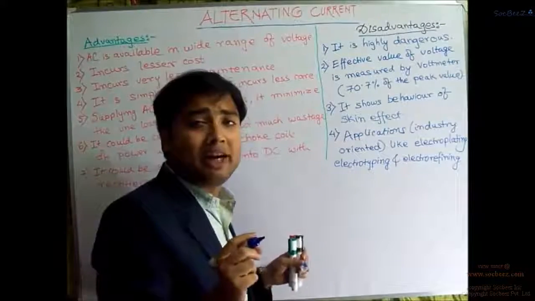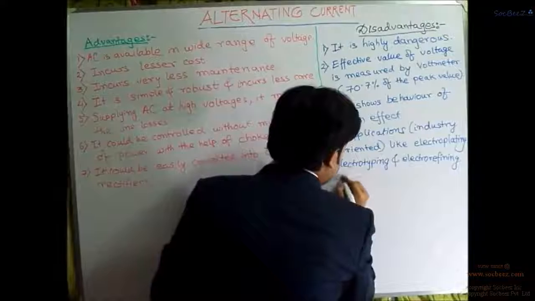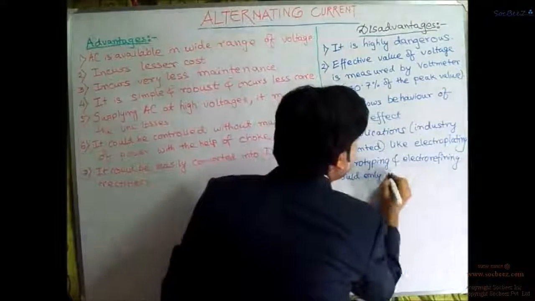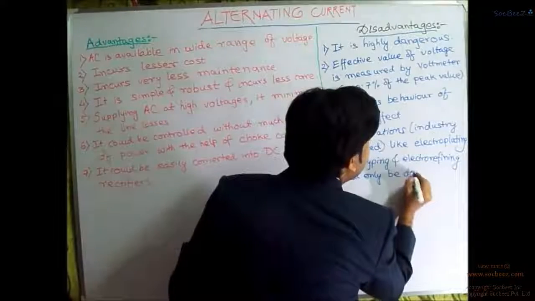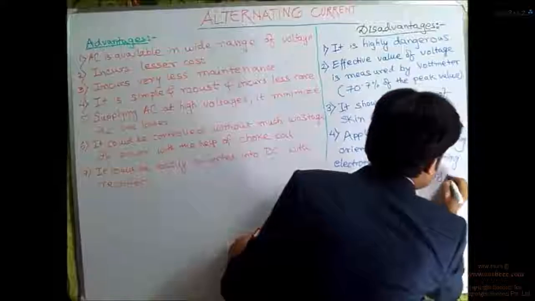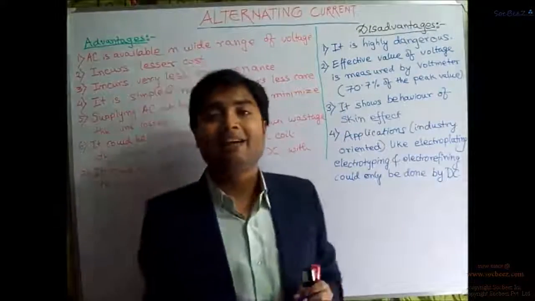They could not be done by an alternating current, right? They could only be done by direct current or DC, right?